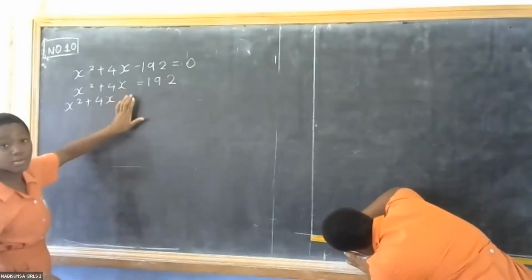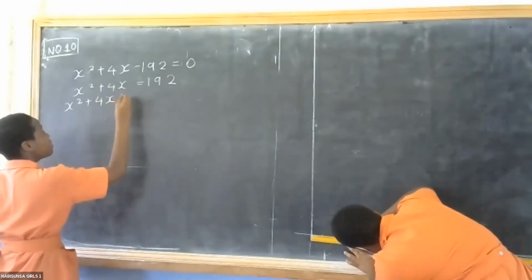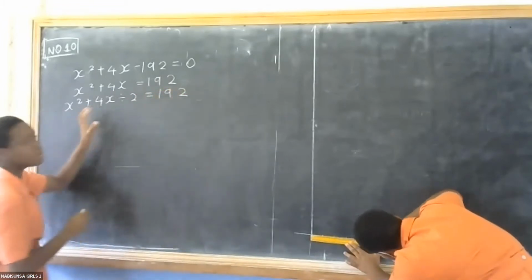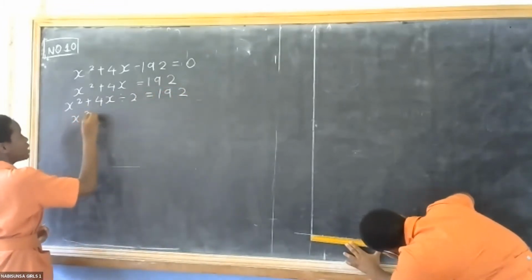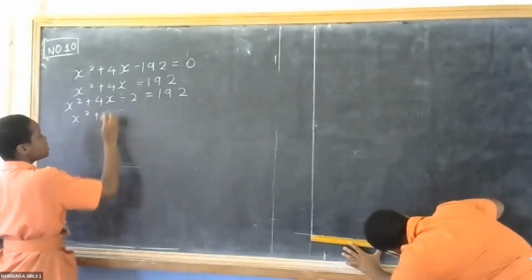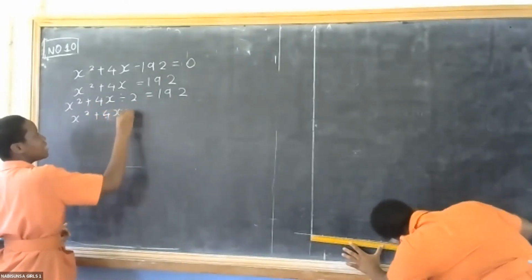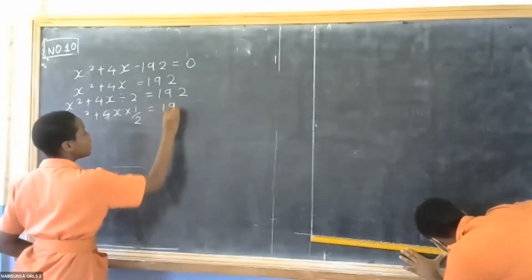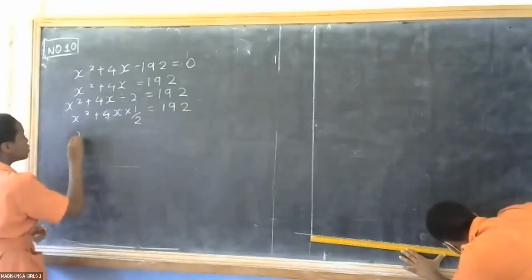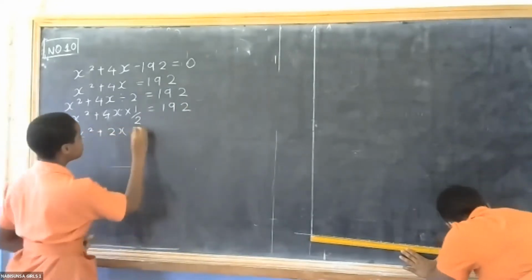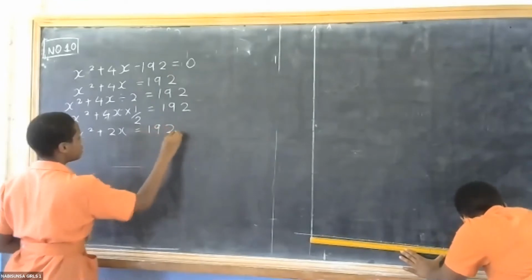And I divide this one by 2. So that will give us x squared plus 2x, plus 4x times a half, will be equal to 192. So x squared plus 2x is equal to 192.